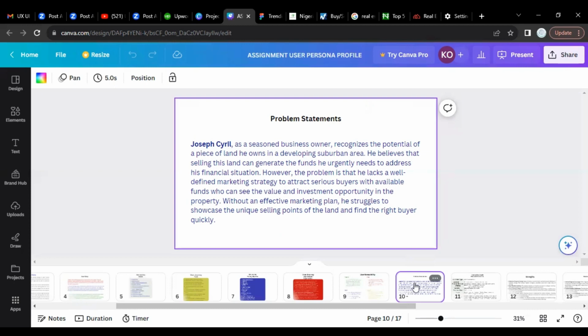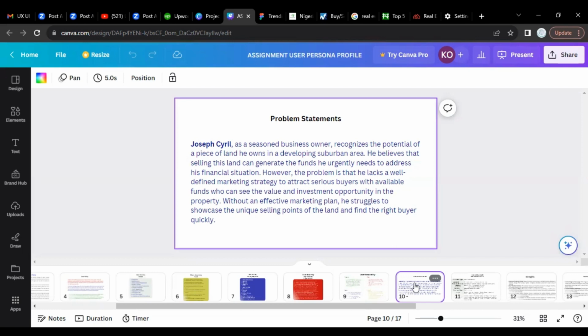As a seasoned business owner, he recognizes the potential of a piece of land he owns in a developing suburban area. He believes that selling this land can generate the funds he urgently needs to address his financial situation.